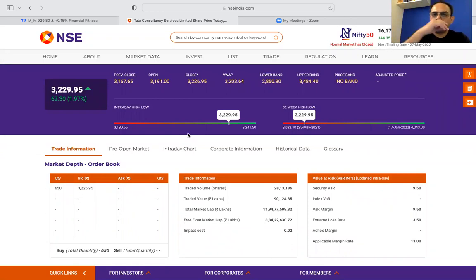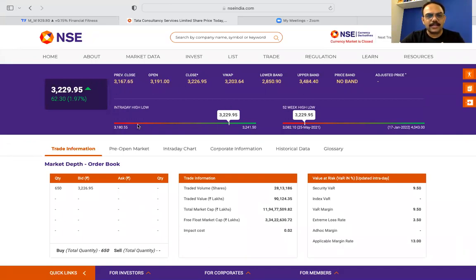At 9:15, the price at which it got traded gets recorded here, 3191. So today, Thursday morning, when the market started trading at 9:15, TCS started trading at 3191. So this is the open price of TCS for today.